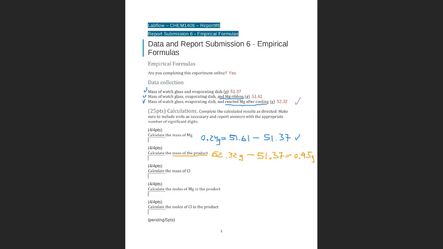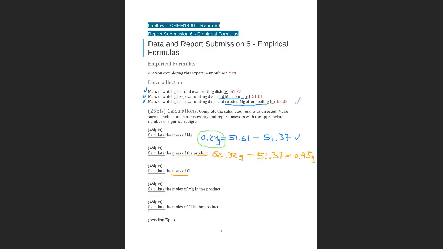Very good. Then they will ask you the mass of chloride. What is the mass of chloride? How do we calculate it? We saw that by difference. We know the mass of magnesium, because the mass of magnesium in the product is the same as the mass of magnesium at the beginning.